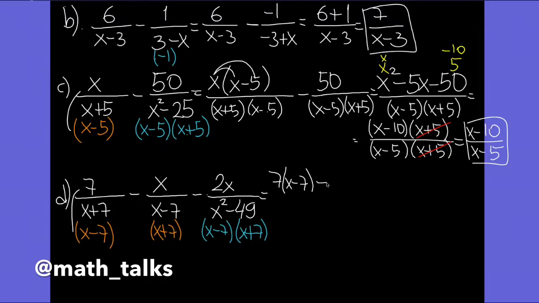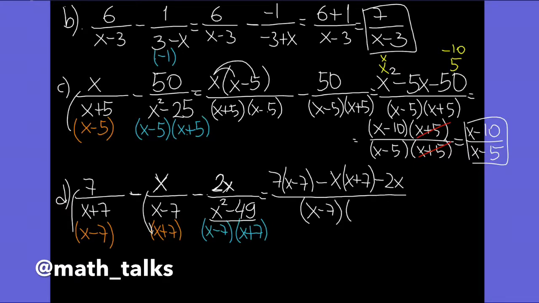So I have negative x, this x multiplied by (x plus 7). Don't forget about the brackets. Minus 2x. 2x will be itself because its denominator is x squared minus 49, so we don't need to multiply it by any number.